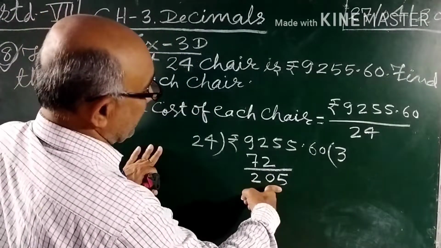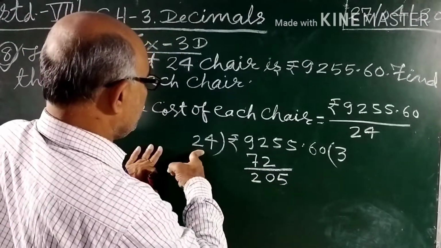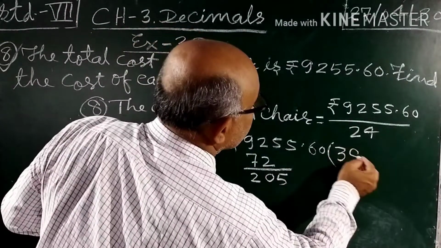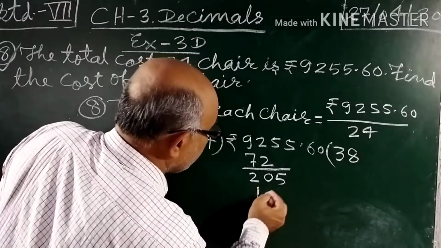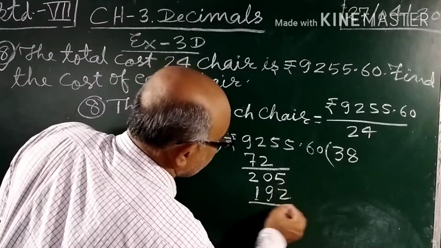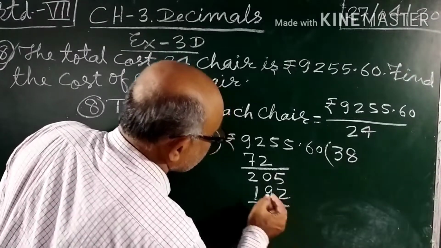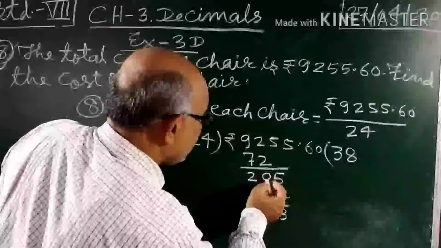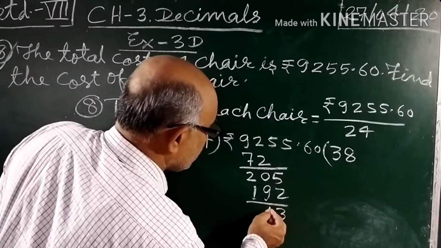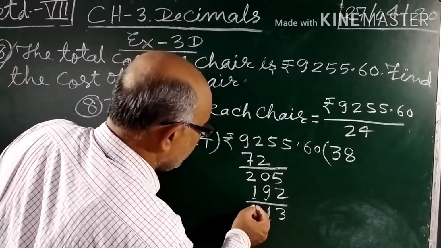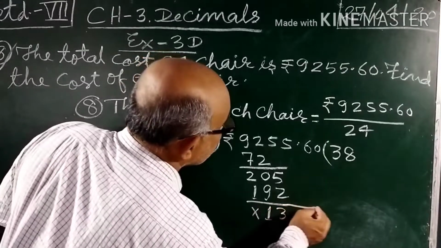Bring down 5. 205. 24 eights are 192. 5 minus 2, 3. 10 minus 9, 1. 1 minus 1, cancel.